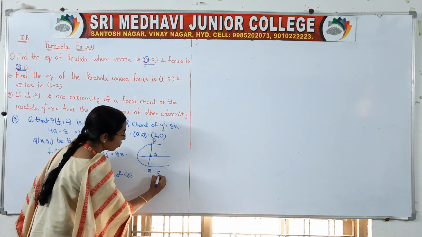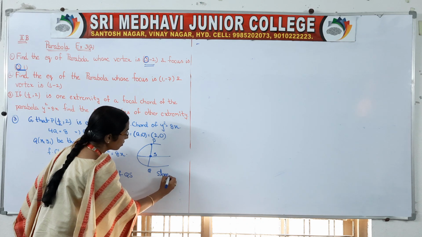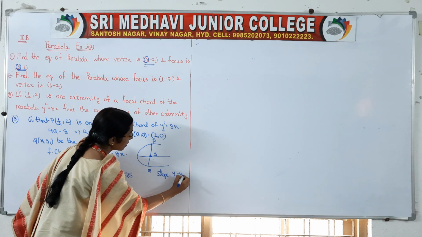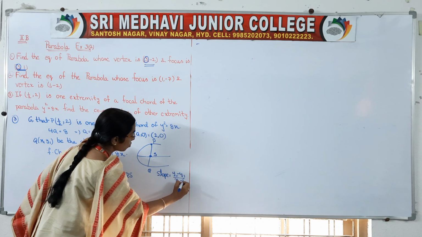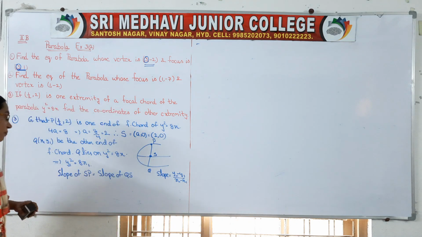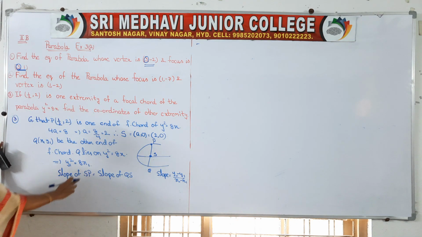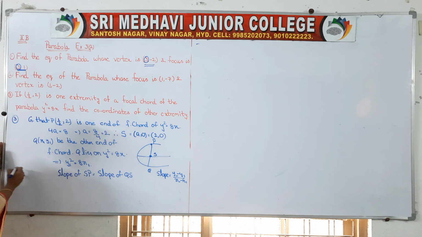Okay, so what is the formula for slope? You know that the slope formula is (y2 minus y1) by (x2 minus x1). What is your S point? S point is (2, 0) and P point is (1/2, 2).